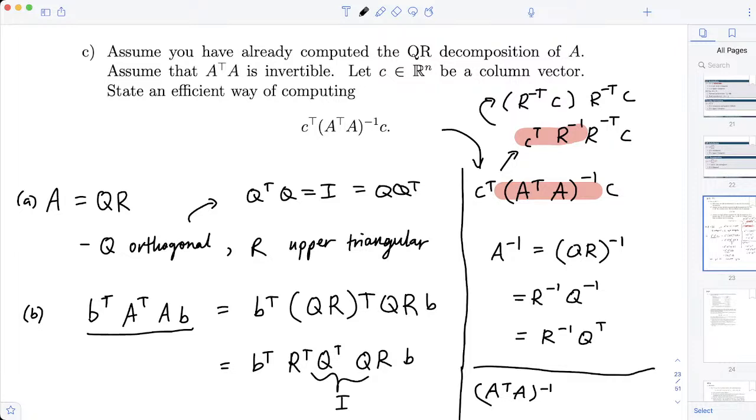So it comes back to a really similar thing as in part B. What we have to do is compute R inverse transpose C. And then, sorry, I meant to put a transpose over there, and then calculate that.